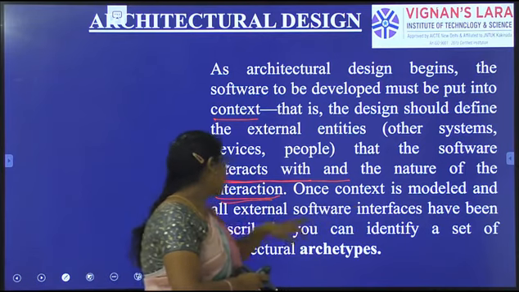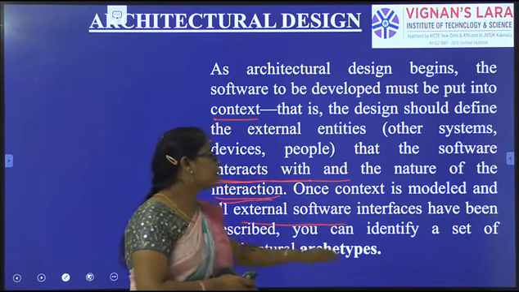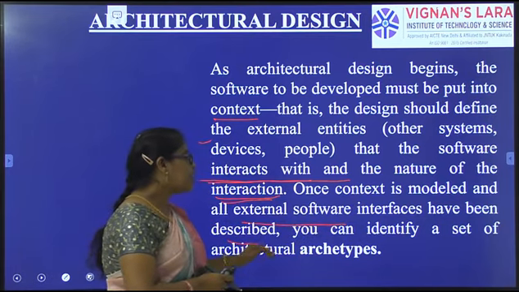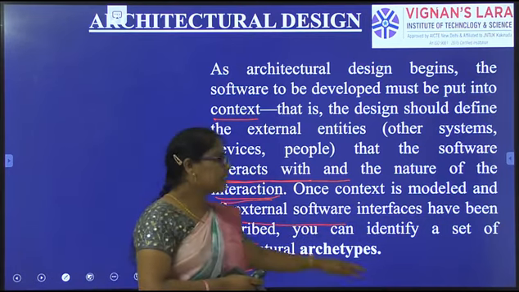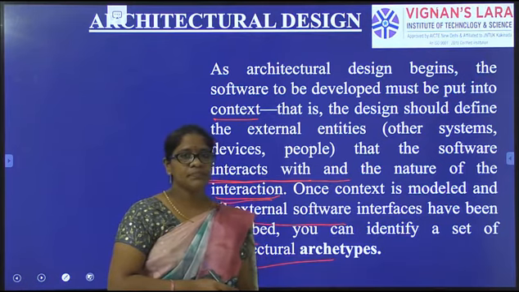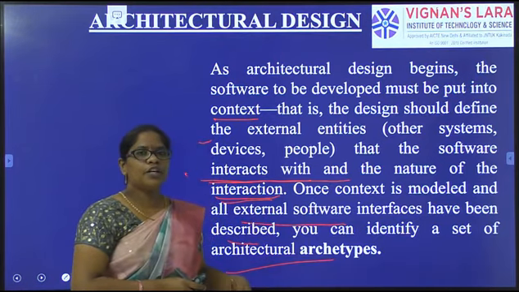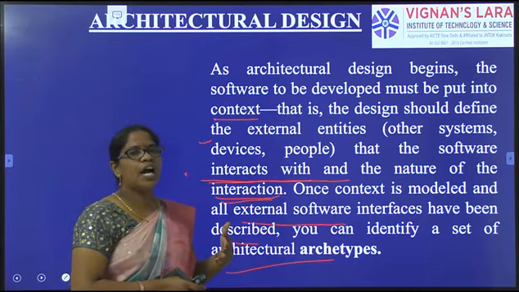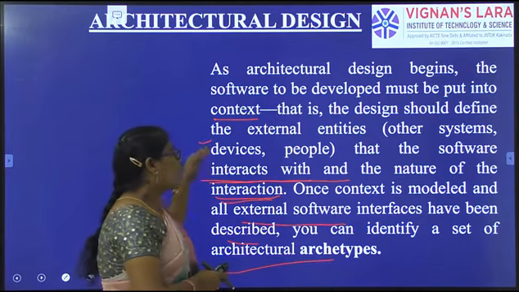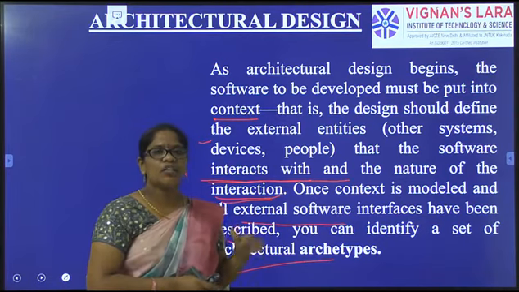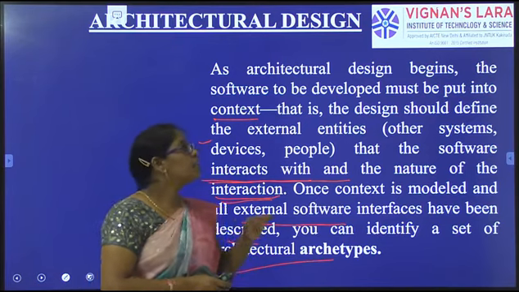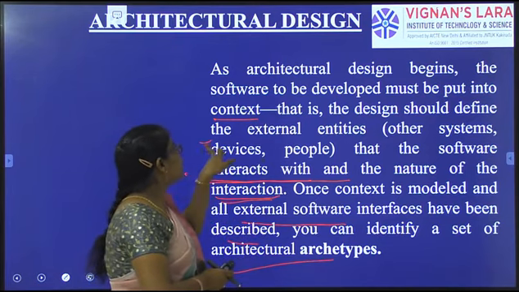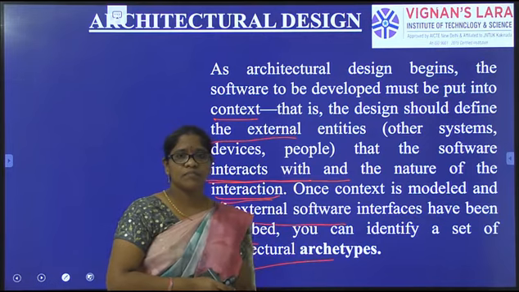Once context is modeled and all external software interfaces have been described, you can identify a set of architectural archetypes. So in order to design the architecture, first we have to go for the context. What is the context? Context is how the design should define the external entities.